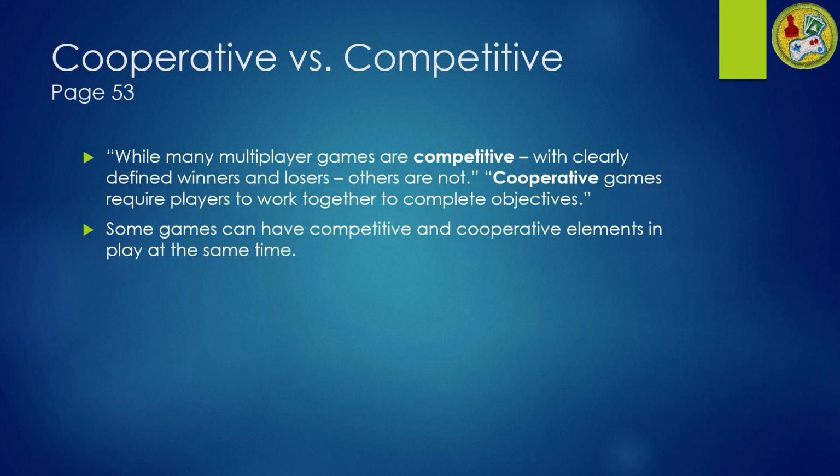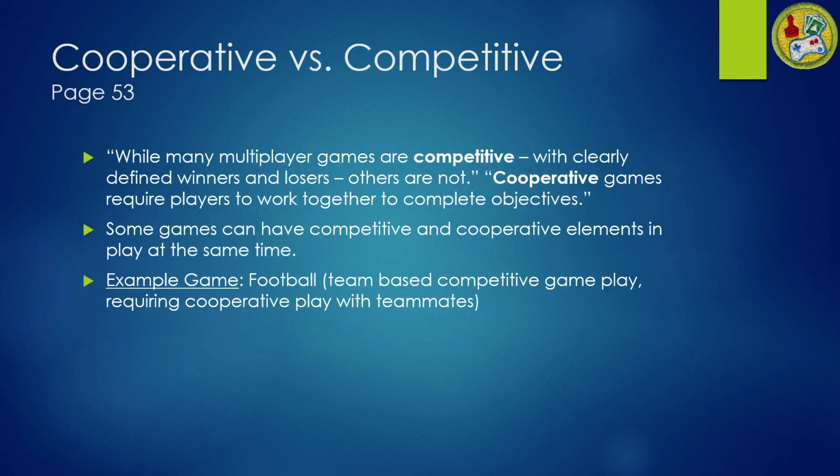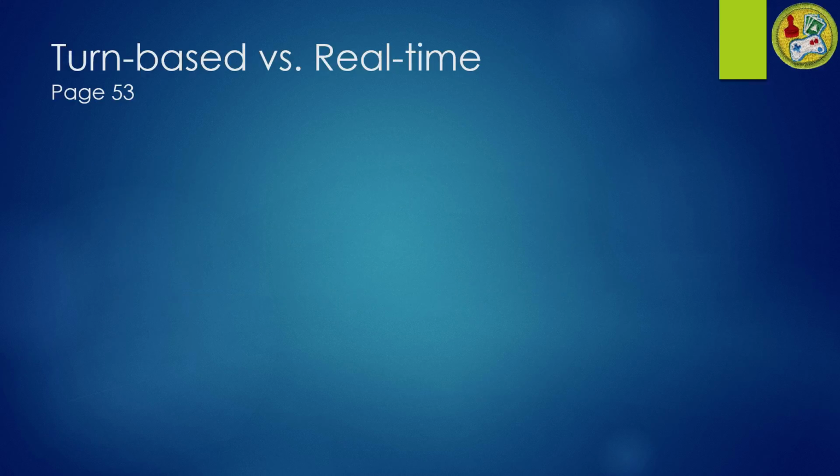Some games can have competitive and cooperative elements in play at the same time. Our example of this is football. This team-based game puts two teams playing against each other, but this requires cooperation between fellow teammates.